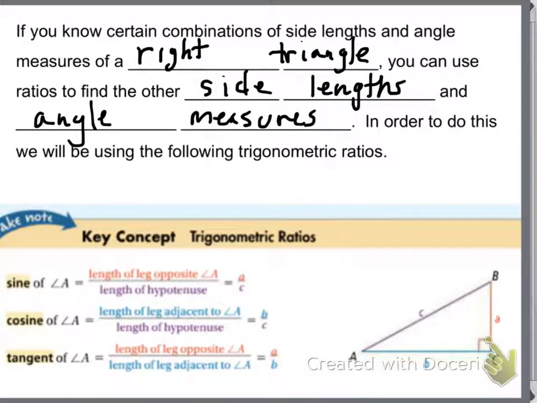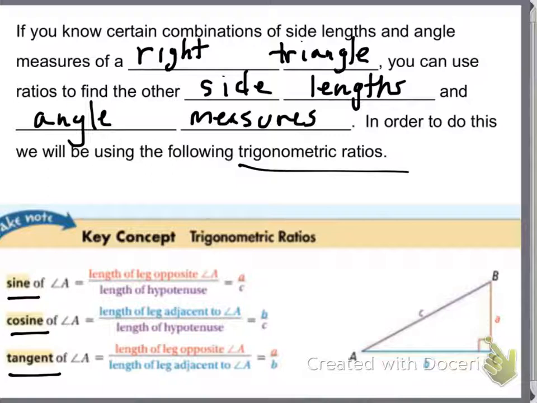Like we just said, if you know certain combinations of side lengths and angle measures of a right triangle, you can use ratios to find the other side lengths and angle measures. To do this, we're going to be using trigonometric ratios, and those trig ratios are sine, cosine, and tangent.